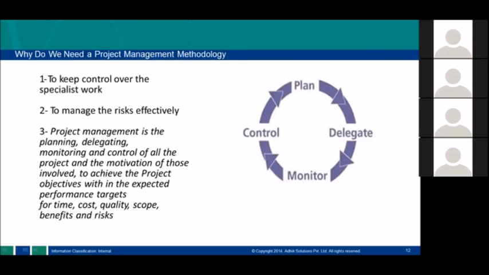You are delegating your work to your team below. Then monitor, when you are executing, you need to monitor, and then you need to control. Control means if anything is going wrong, if you are behind schedule, if you are ahead of schedule, you need to control that. So this is my project management according to PRINCE2.